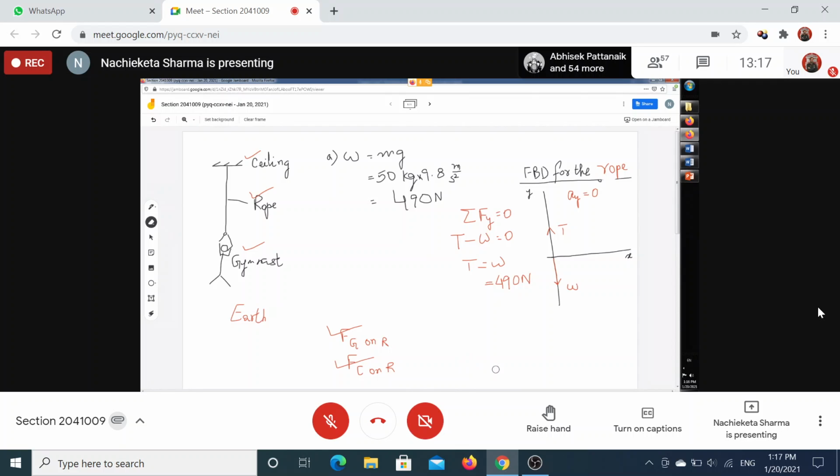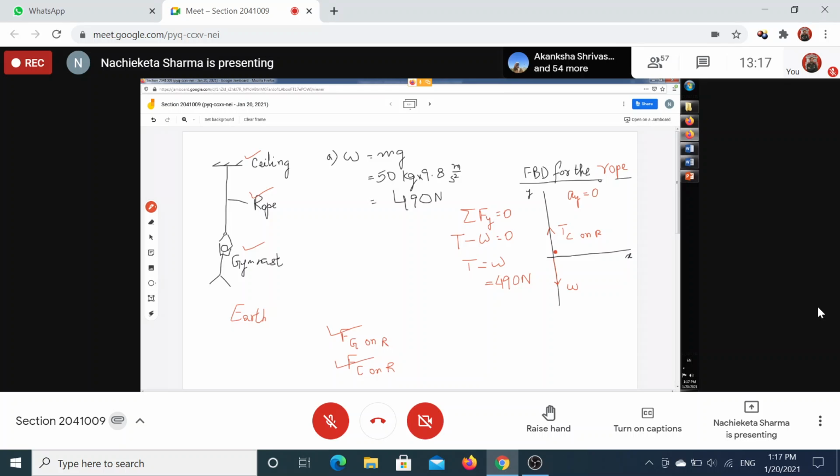Because the ceiling is pulling the rope, I can write it as T C on R. That means force of the ceiling on rope, and that is upwards. Then force of gymnast on rope.